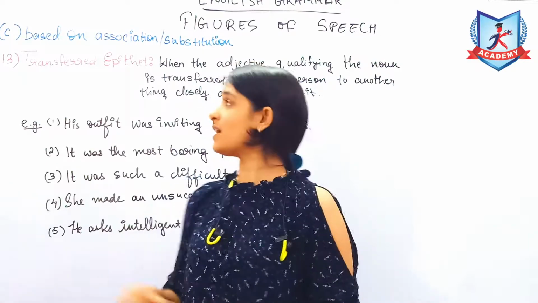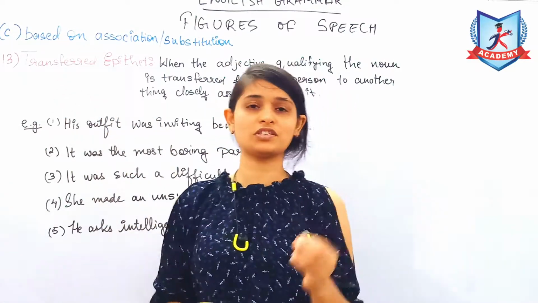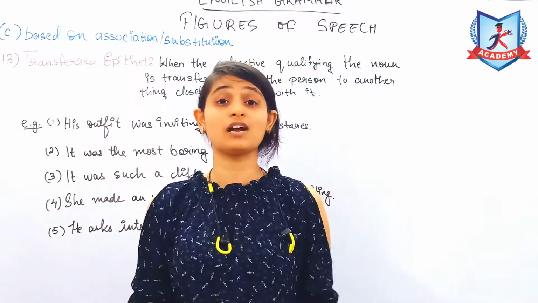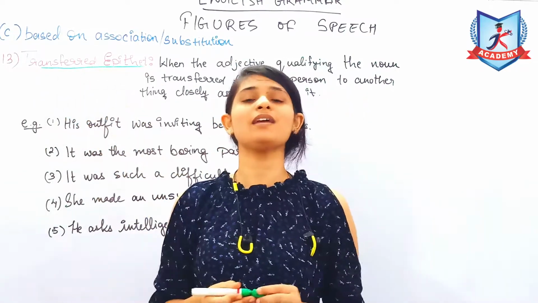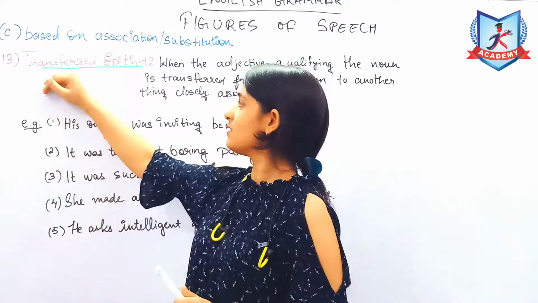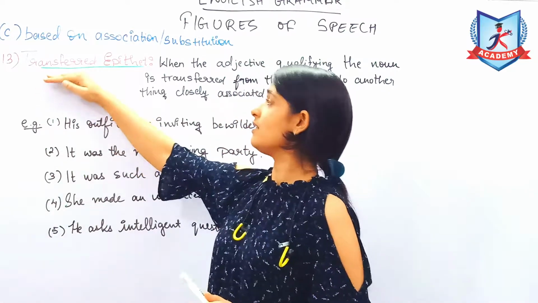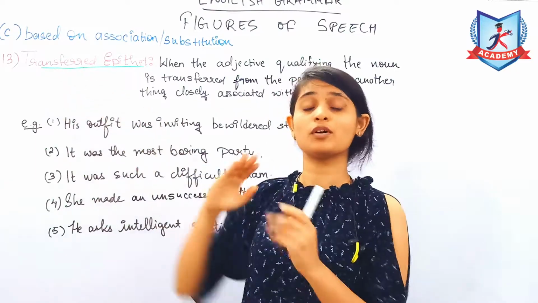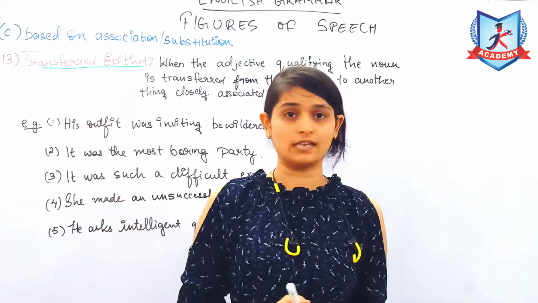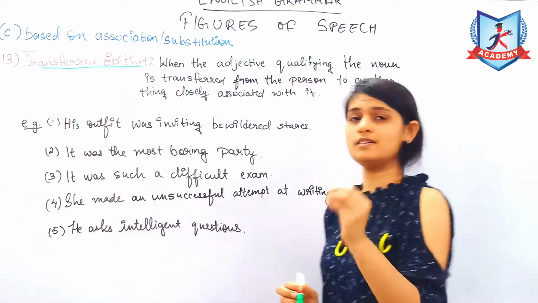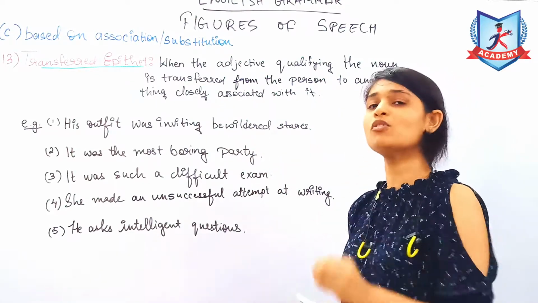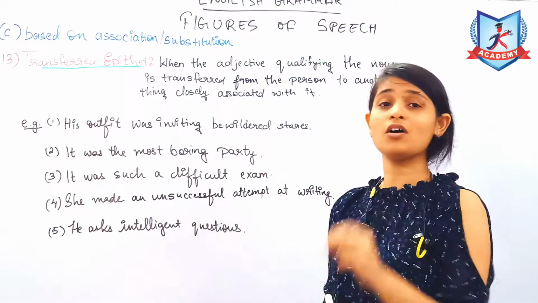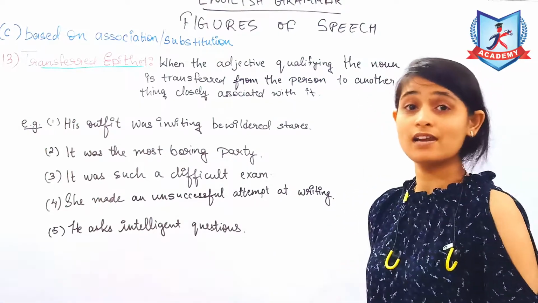And the last one in the category of association and substitution is transferred epithet. There is a hint in the name. Transferred epithet: the adjective is transferred from the person to an object. The easiest way to identify a transferred epithet is to look for a pair of adjective plus noun.